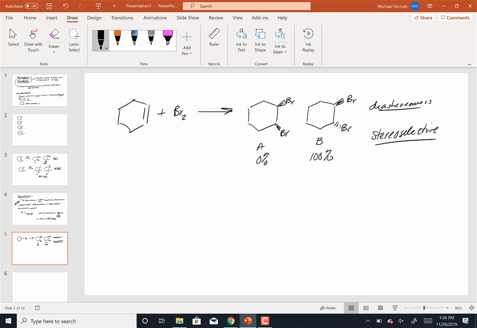So for the stereoselective one, the products have to be 100% one or the other to be stereoselective. But for the regioselective one, is that the same? Because they can't be 50-50. So actually, they don't really need to be 100-0. It's just those are the only examples we have.